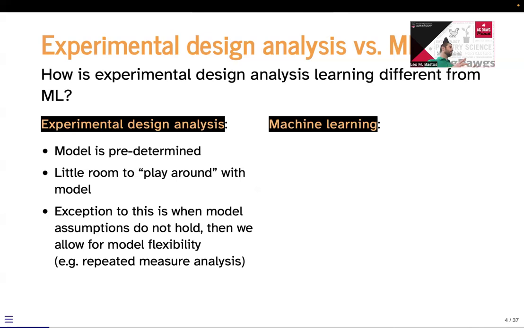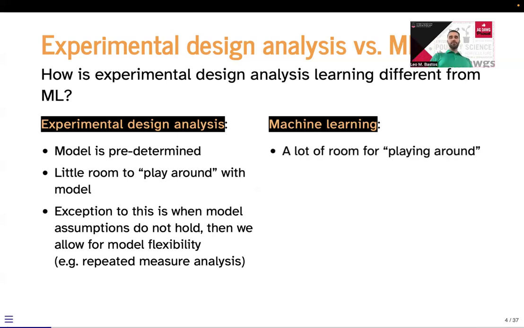It's just that we're allowing it to be flexible to different extents using different correlation matrices and seeing if any of them produce a better fitting model than the default, which assumes independence, right? So even though there's a little bit of wiggle room in experimental design analysis, it's not like we're really trying everything we can and seeing what's the best. We have a predetermined model. We're just allowing a part of it to be more flexible.